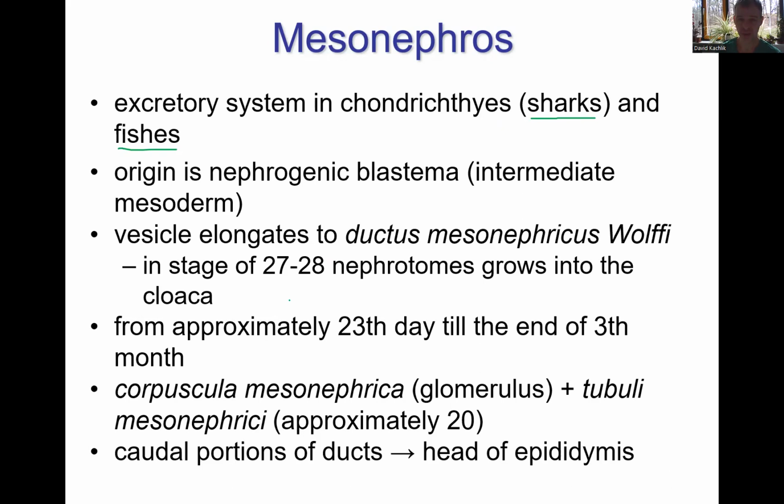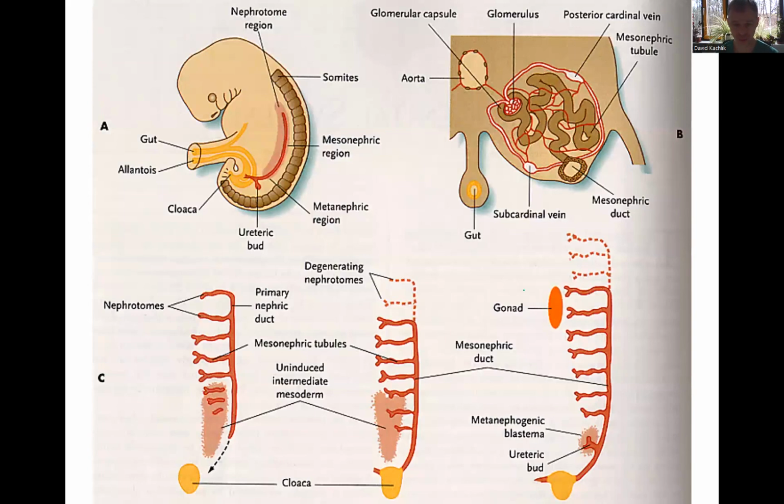So let's come to the mesonephros, which works as a kidney organ in sharks and some kinds of fishes. And it is produced in the thoracic part. Let's look at how it looks. Here above we will have the pronephros, but they phase out. So this first primitive system looks like a glomerulus and a short tubule connected to the subcardinal vein, then it produces such tubules, and these tubules merge in one descending duct.